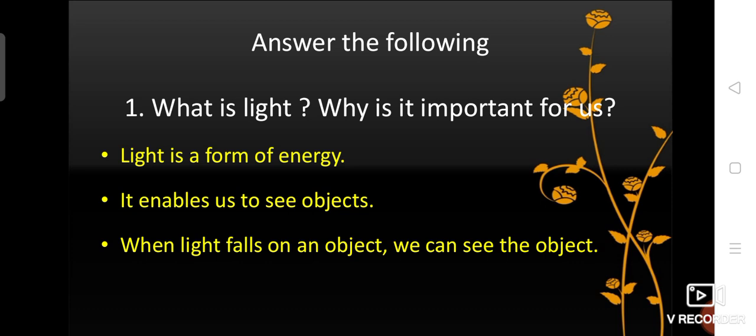When light falls on an object, we can see the object. If there is no light, you can't see the object, isn't it? Once the light falls on the object, we are able to see it. So that is the importance of light.